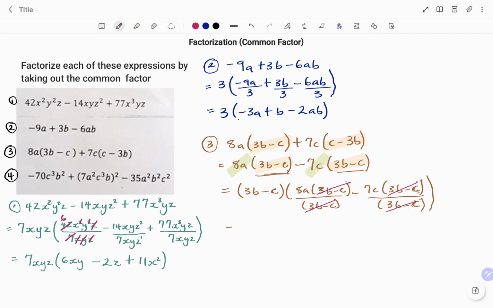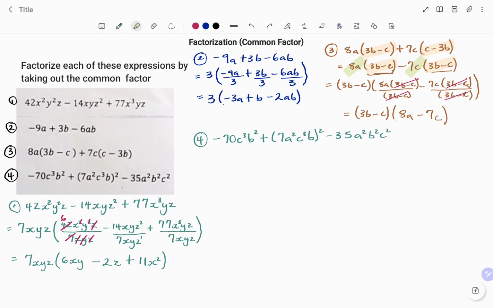My final answer will be (3b - c)(8a - 7c). Let's look at the last example.